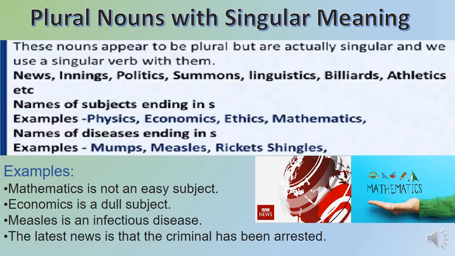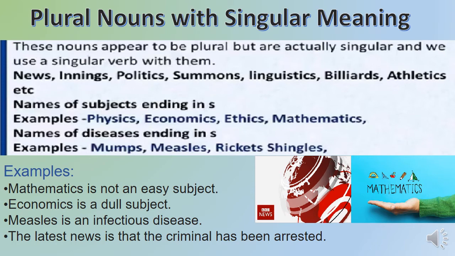Names of subjects ending in S are physics, economics, ethics, mathematics. Names of diseases ending with S: mumps, measles, rickets, shingles. They appear to be in plural form, but they have a singular meaning because they are only one.